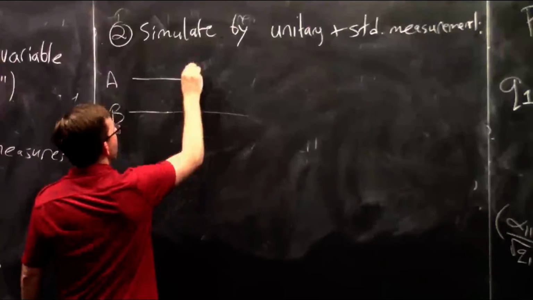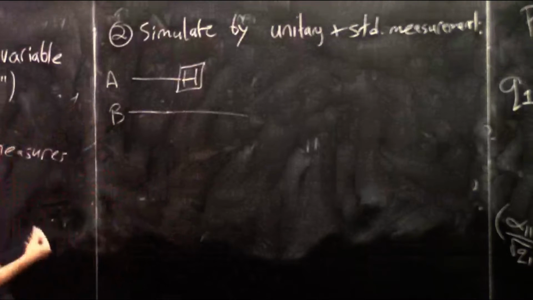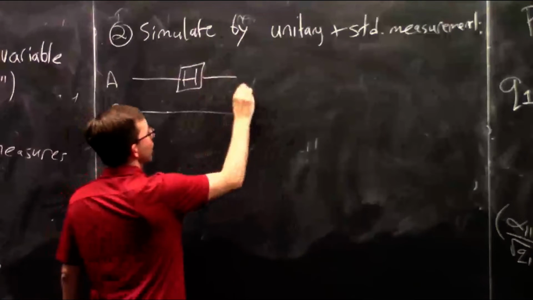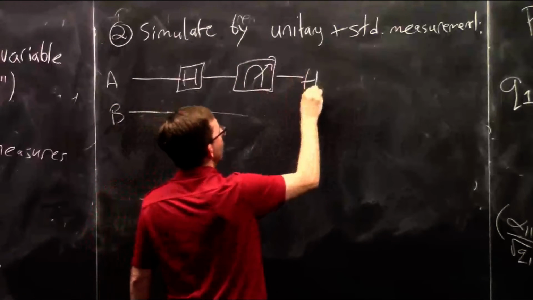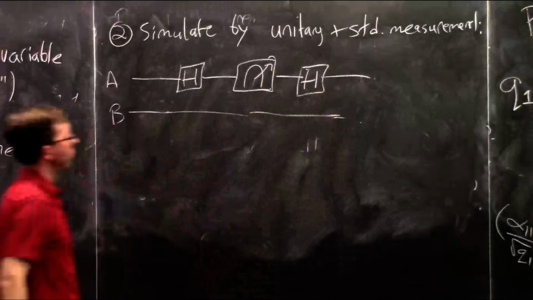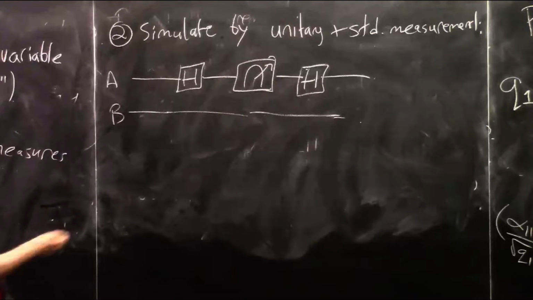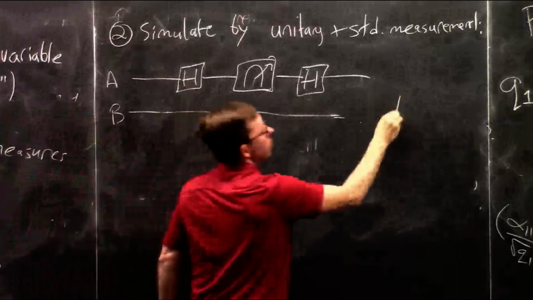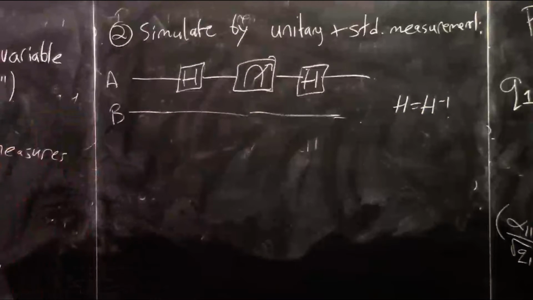Bob's not going to do anything in this story. Alice is going to simulate measuring in the plus or minus basis by first doing a Hadamard to her qubit, then doing the standard measurement, and then rotating things back. By the way, H is equal to H inverse. Remember, H is that operation which reflects in this axis.